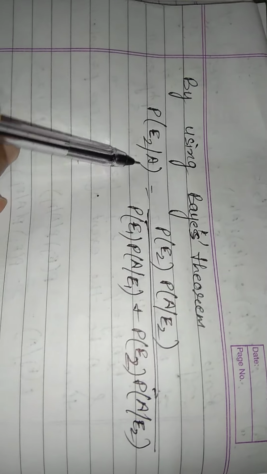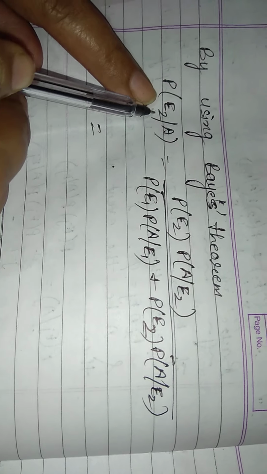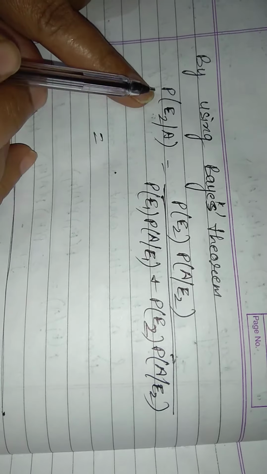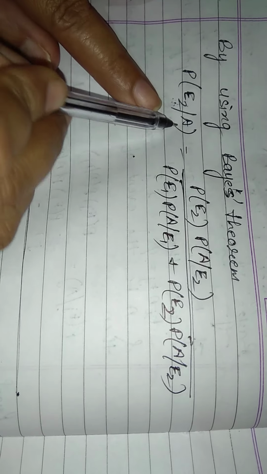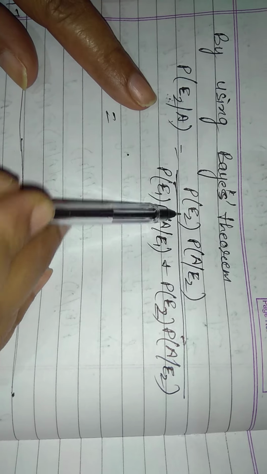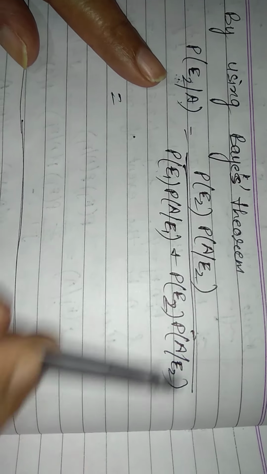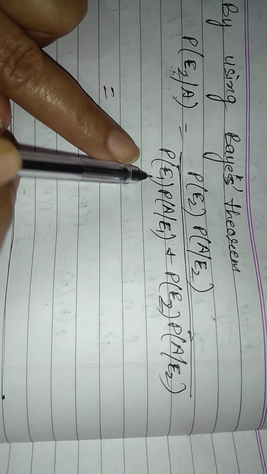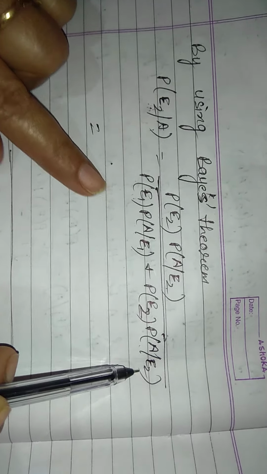So we will use Bayes theorem. What is the formula? P(E2|A). We are taking from the second bag now, so we will take E2. If we take from the first bag, then we take E1. Then P(E2|A) is equal to P(E2) into P(A|E2) upon the total probability. What is the total probability? P(E1) into P(A|E1) plus P(E2) into P(A|E2).